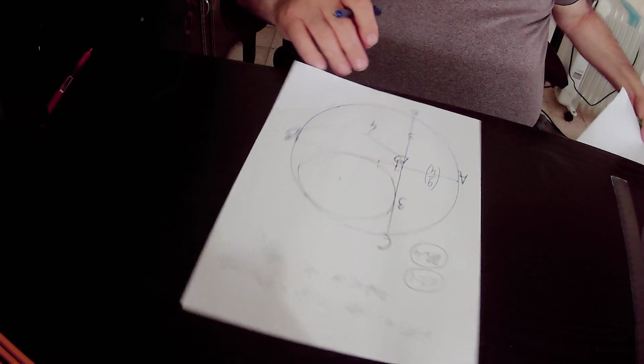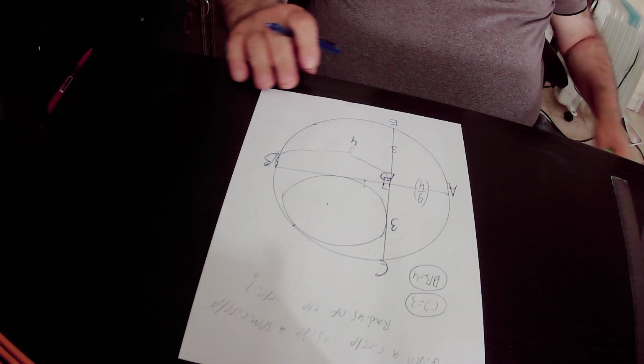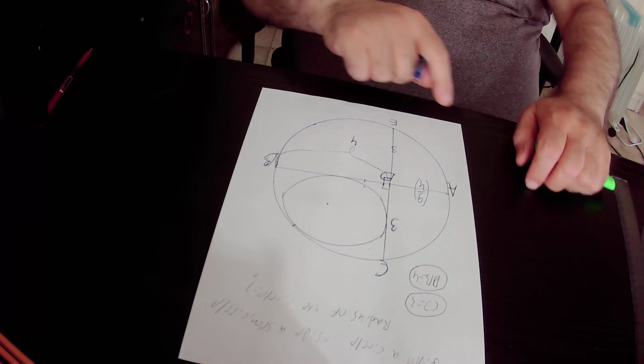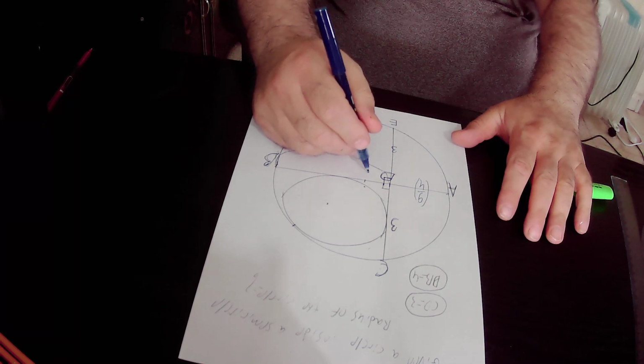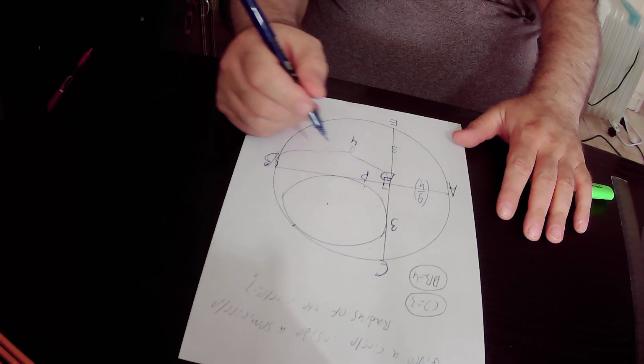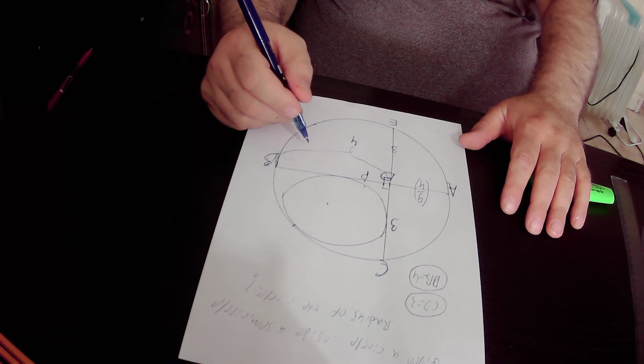In the next step, we will define the center of this big circle as point P. Here, point P is the center of the big circle. And we'll define the center of the small circle.